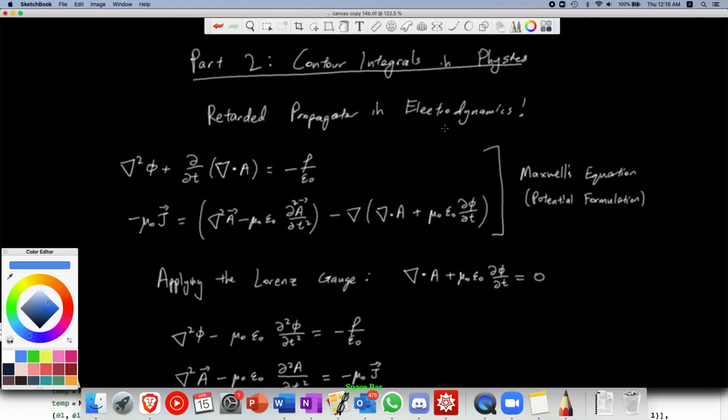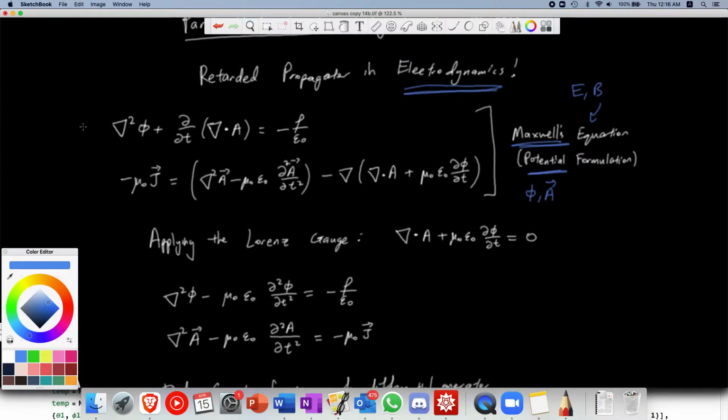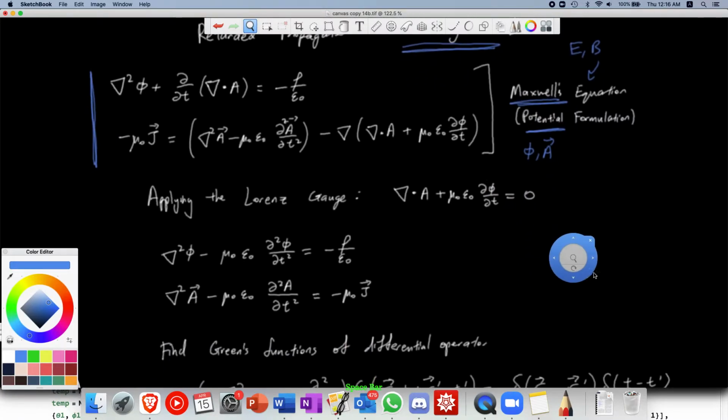Let's start off in electrodynamics. We have Maxwell's equations, of course, and if we reformulate them in the potential formalism, namely instead of having E and B in the usual Maxwell's equations, we formulate them in terms of phi and A, where phi is the scalar potential and A is the vector potential, we obtain the following 2 Maxwell's equations in potential formalism.